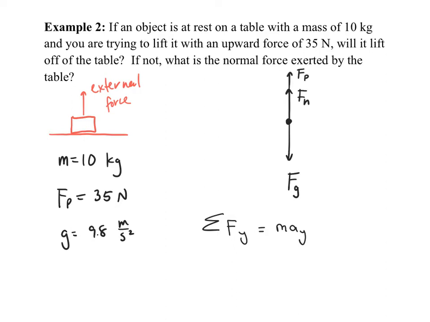Normal force and push. Pull, push, either one. Good. I would say pull. So those are both positive forces. And then there's one force acting negatively here. What do we call that force? Good, the force due to gravity. So I put a negative sign there.